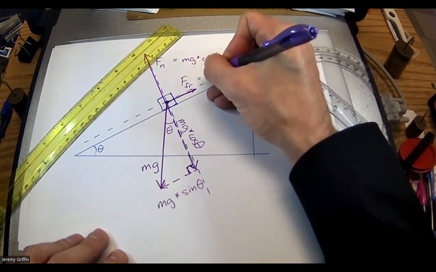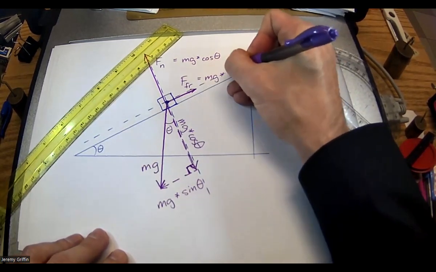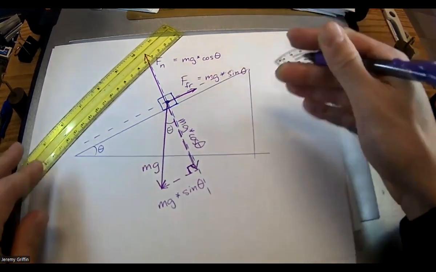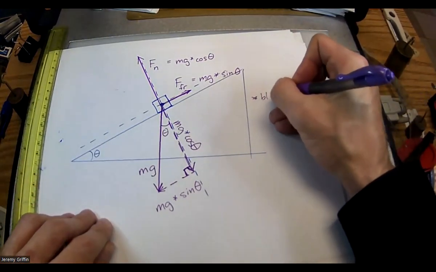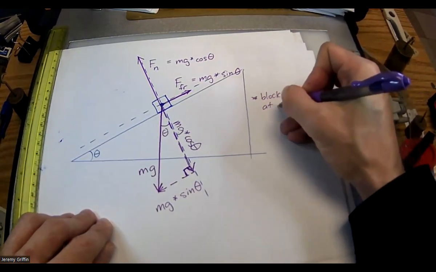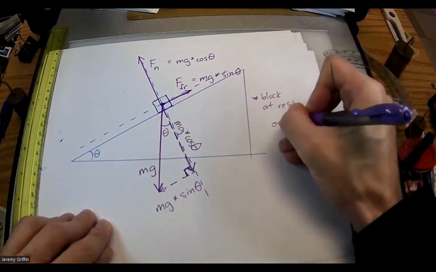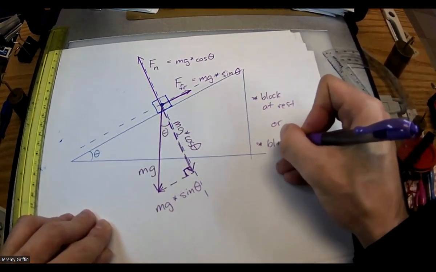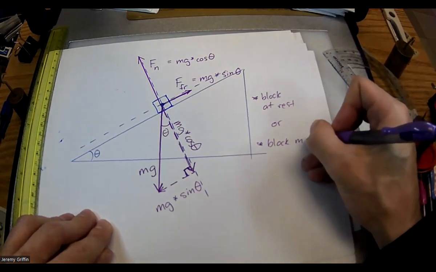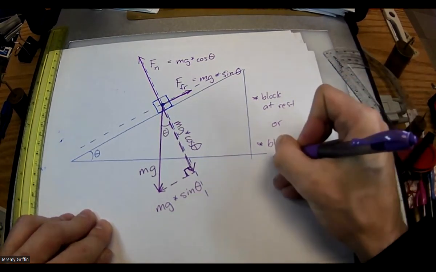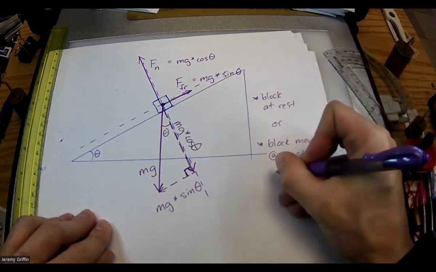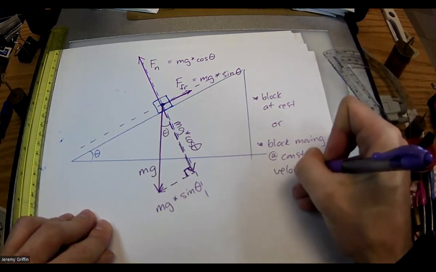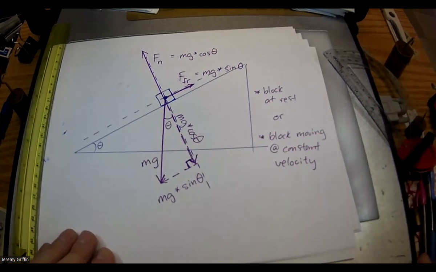I'm going to call it mg sine theta. And this could be either a block at rest, or a block moving at constant velocity.